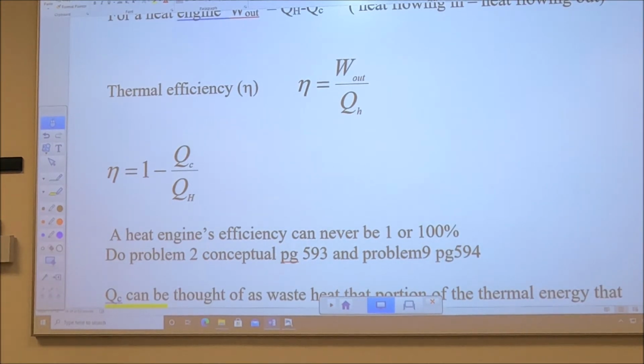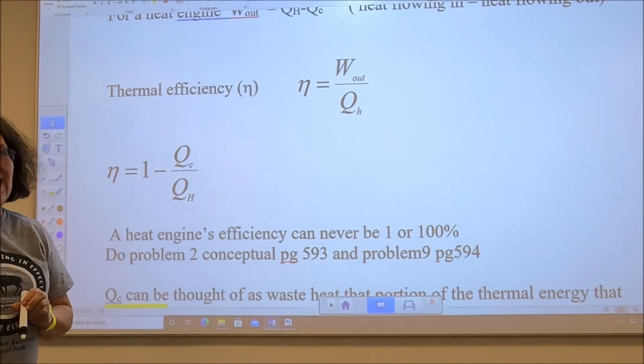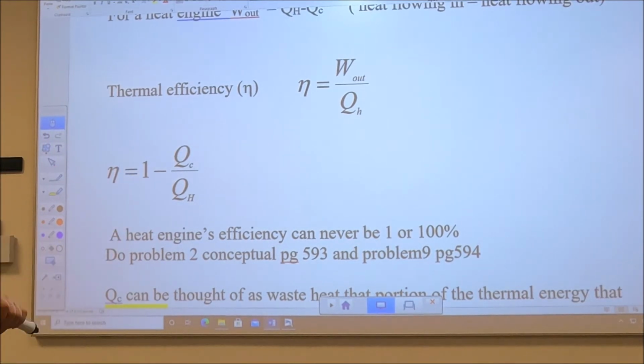A heat engine's efficiency can never be 1 or 100%, because to be 1, there would be absolutely no heat exhausted to the cold reservoir. All of the heat would be transferred out of the system as work, and that's just not possible.